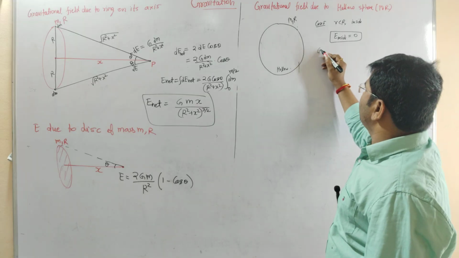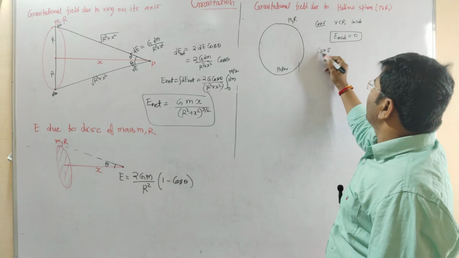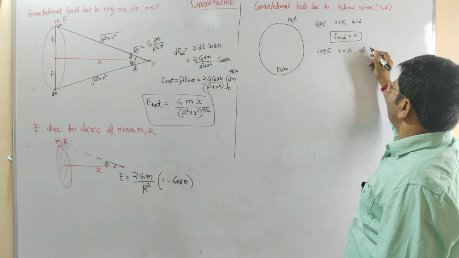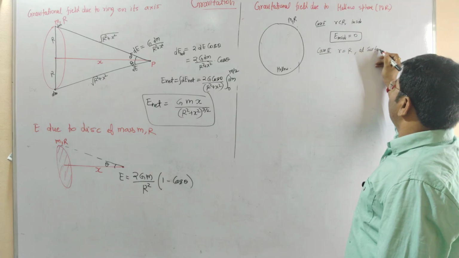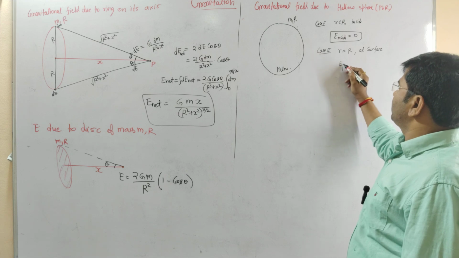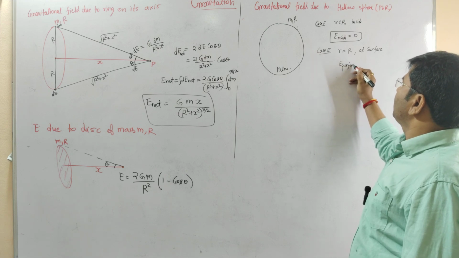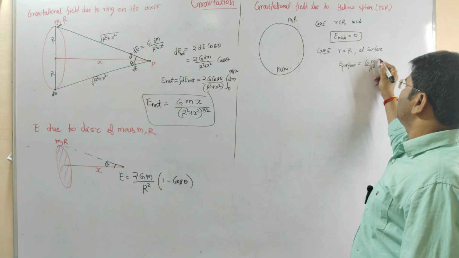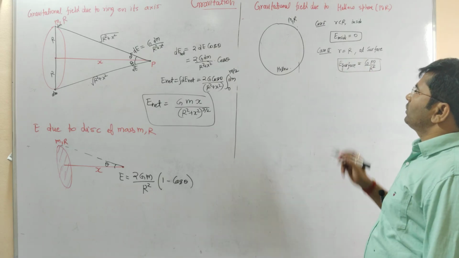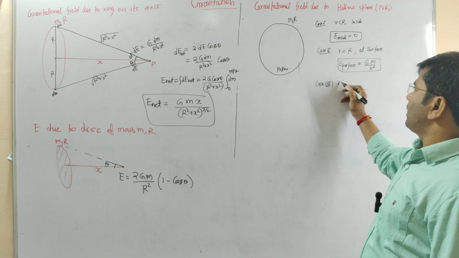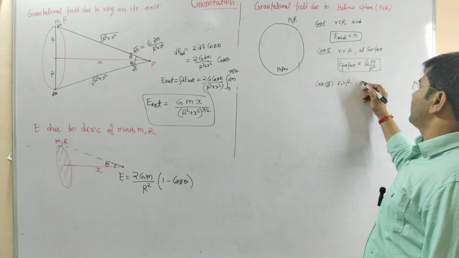Case 2, when r equal to R. That means at the surface. So at the surface, it will be GM upon R square. You can write GM upon R square. And case 3, when r is greater than R, that means outside.